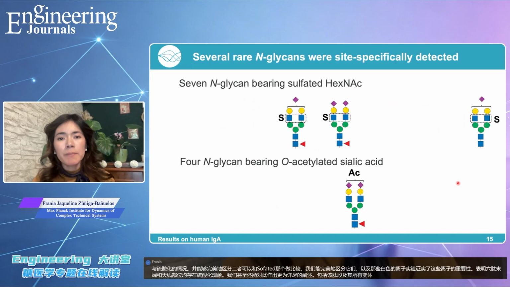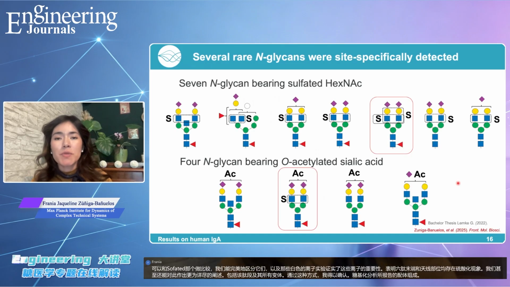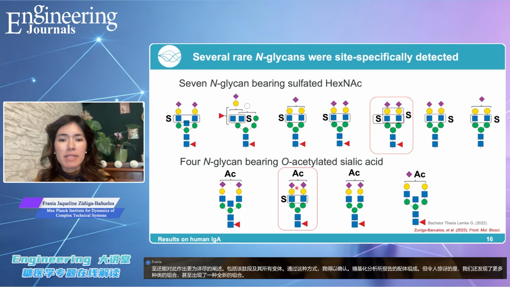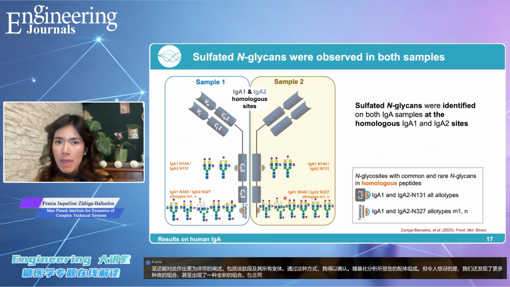In this way, I could confirm the glycan compositions reported by glycomic analysis, but surprisingly, we could also observe more compositions, and even one with 2 sulfations or acetylation plus sulfation. And I could map all of these compositions, of course, on every glycosylation site of IgA.